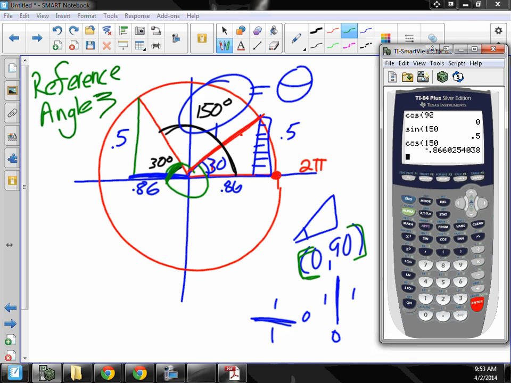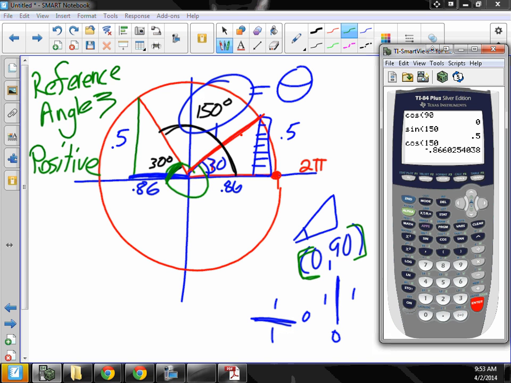A reference angle. Now, reference angles have two qualities. First off, reference angles are always positive. So no matter where your theta lands, your reference angle is always positive. Because the only way to measure negative angles is to begin in standard position, and most reference angles don't begin in standard position. So they're always positive.